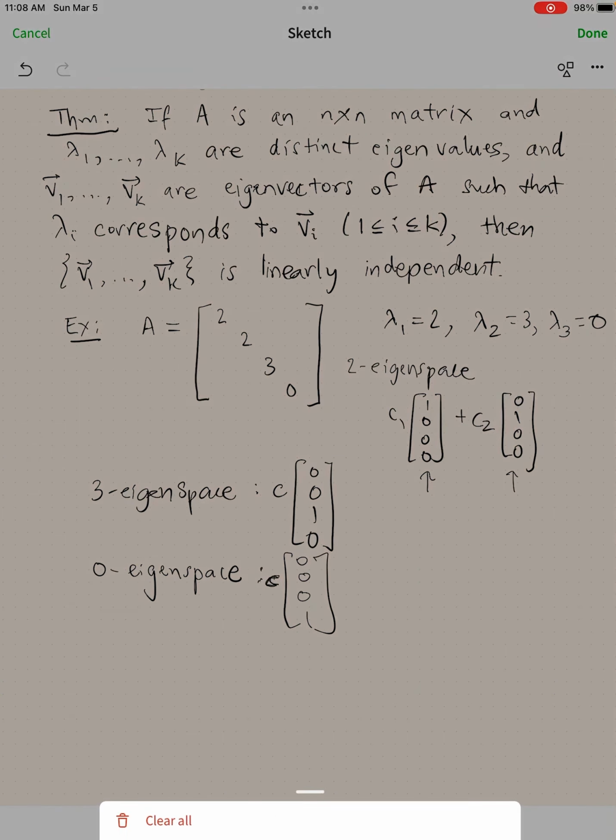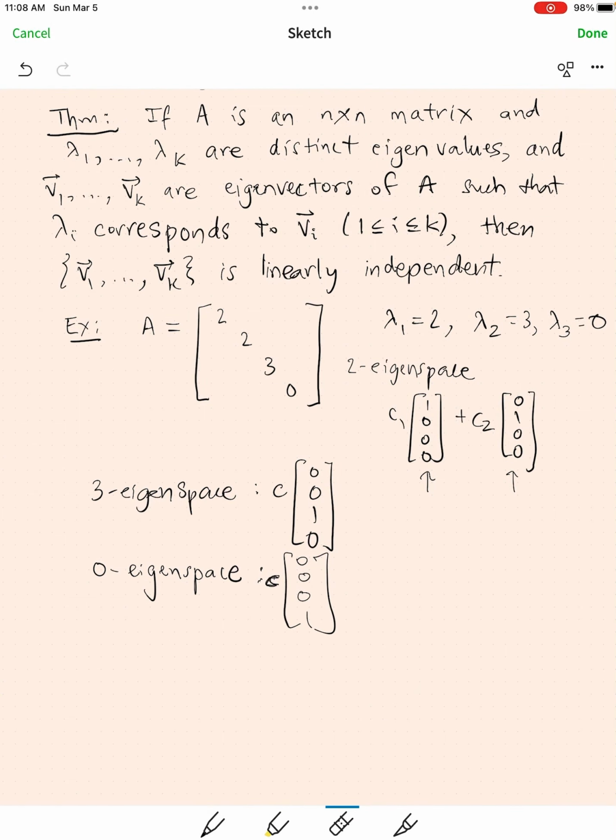So I guess, maybe I can make this first vector my v1, say, and make that vector my v2, and I make that vector my v3, that these vectors are linearly independent. Okay. So that fact plays a role in what we're going to be talking about.